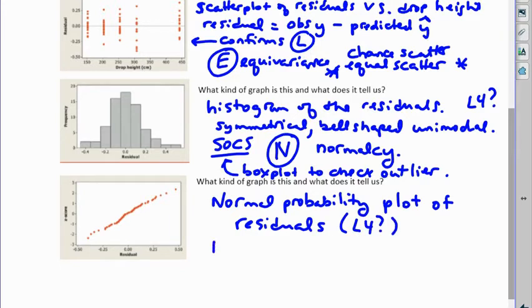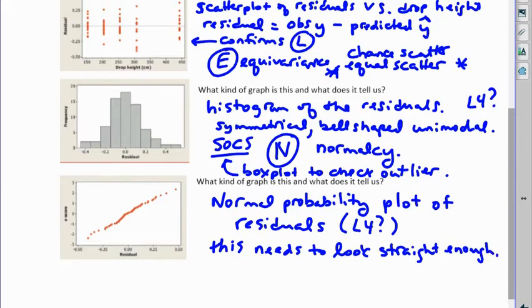And this needs to be straight. Straight enough. And that is going to continue our check for normal. So we needed these two things to get our normal, and of course the box plot too. And those confirm that we have something normal.